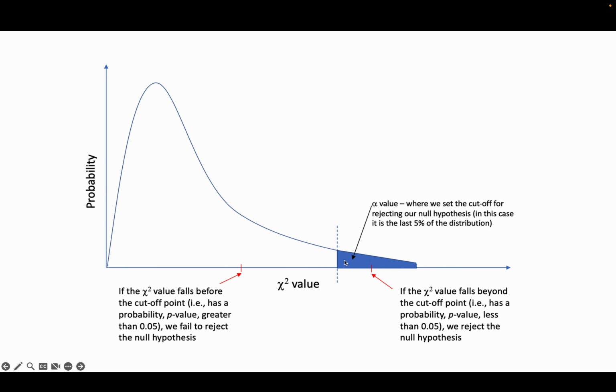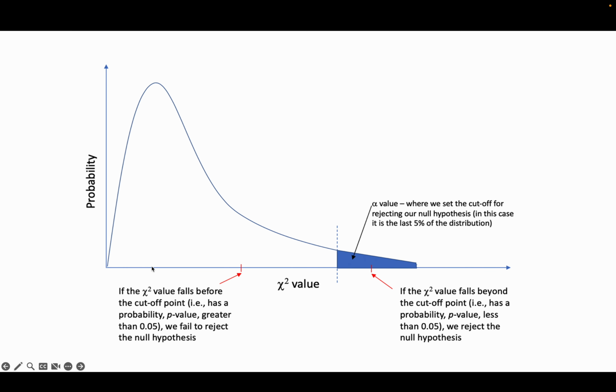If it's 5% or less, I'm going to say, that could be just random noise, but it seems so weird. I'm going to say, no, the coin is rigged. Okay, and so that's your alpha value. That's the value you set ahead of time of how much chance you're willing to take that you're wrong.